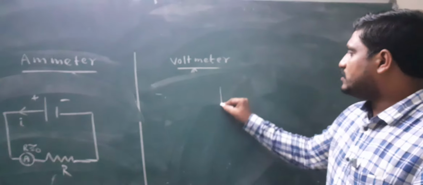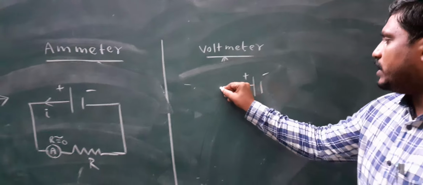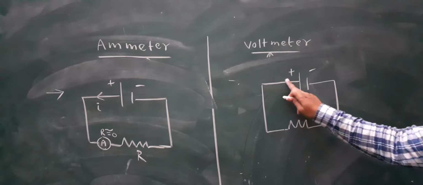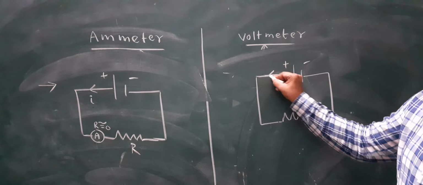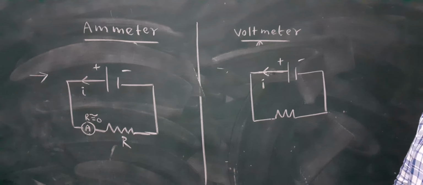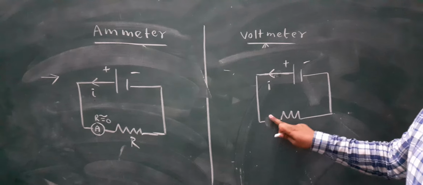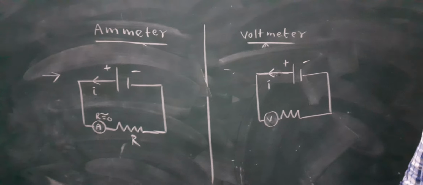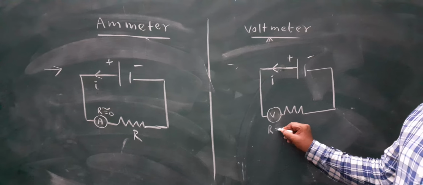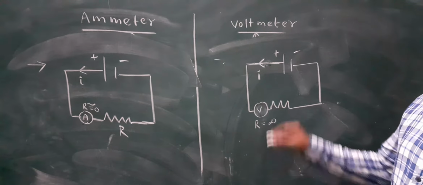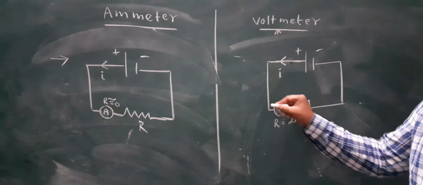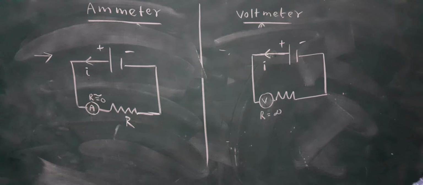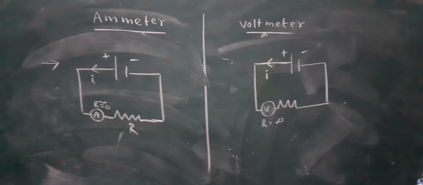Look here. This is the battery. What is the use of the voltmeter? To measure the voltage. The battery supplies the current, and the voltage is measured. Suppose the voltmeter is connected in series. Its resistance, for an ideal voltmeter, is infinity. So current does not flow through the voltmeter. In the circuit, the current would be stopped because the voltmeter has high resistance.